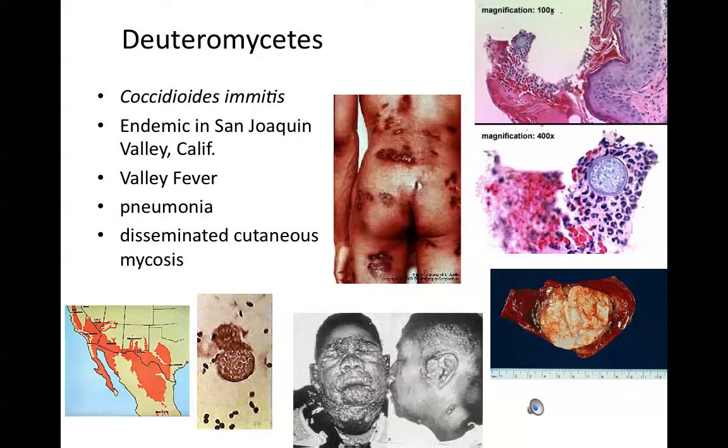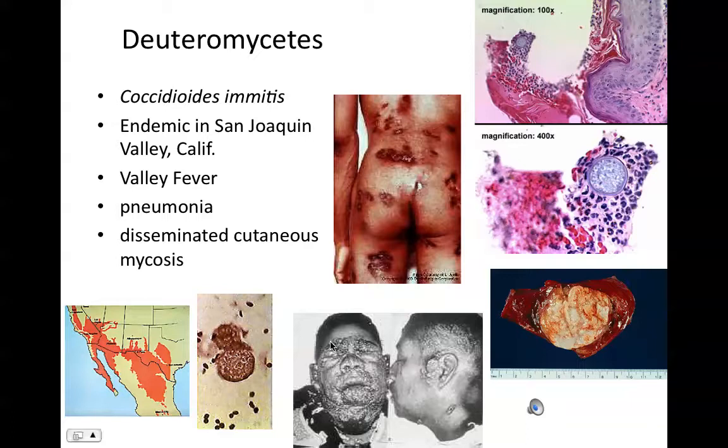We have different magnification images of the nodules, starting at the bottom, which is a gross image growing in lung tissue, all the way up to the magnified images from those histologic sections. These little spherules are packed full of the tissue form, or sort of the yeast form, of Coccidioides when growing in tissues at essentially 37 degrees Celsius.